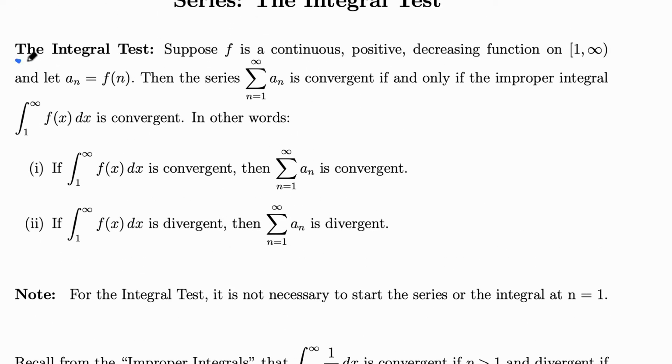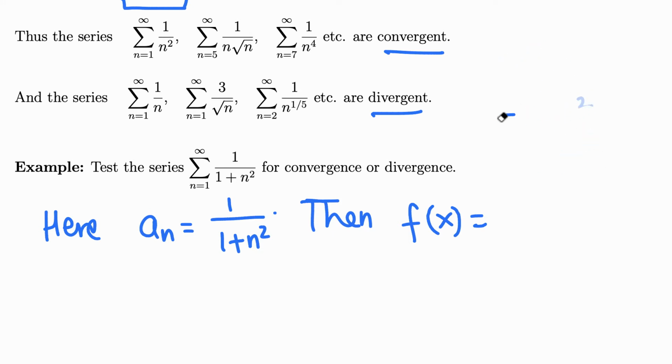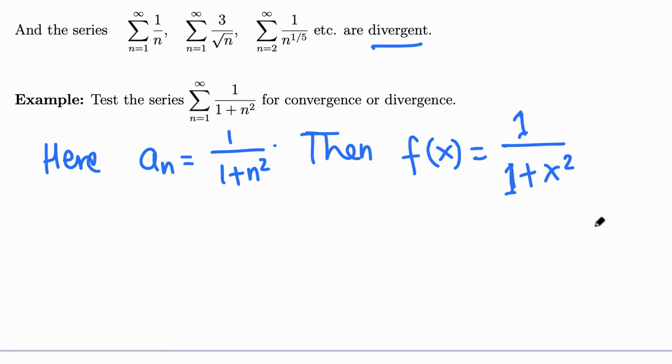For this integral test, we need to write down a function based on this a_n. The function is in terms of x, trying to make it continuous. It was discretely defined, but we want to make everything continuous, so we simply change n to x. So this is 1 over 1 plus x squared, and our domain is going from 1 through infinity.